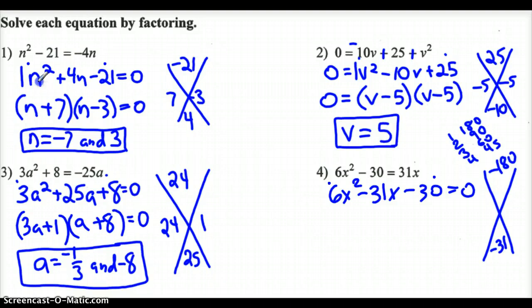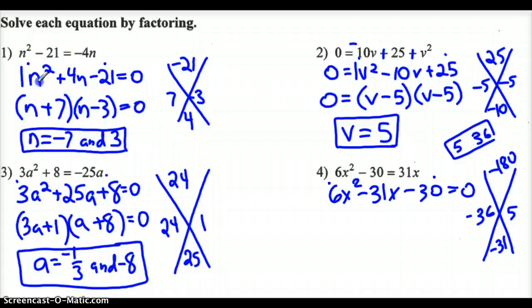Get a little closer. Those are not working. So I'm going to go off there. So I had 5 times 36, and here's the one that works. So it's going to be negative 36 and positive 5.